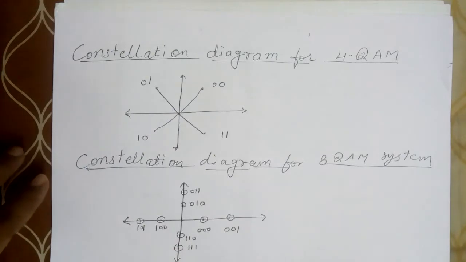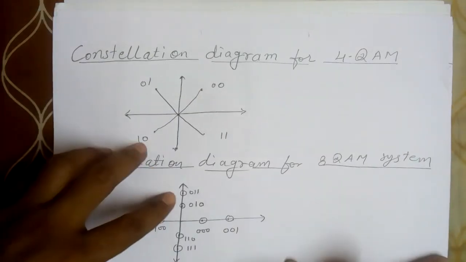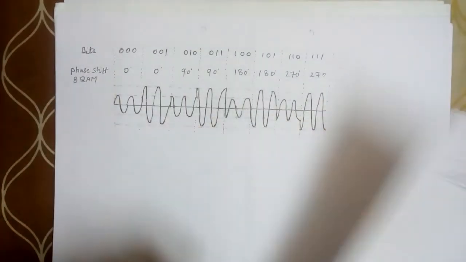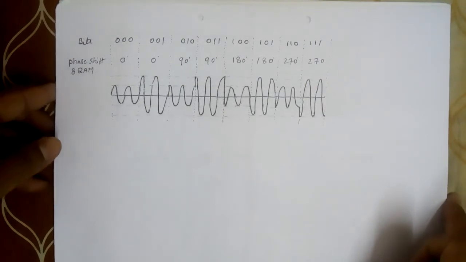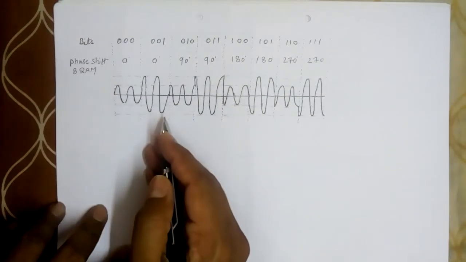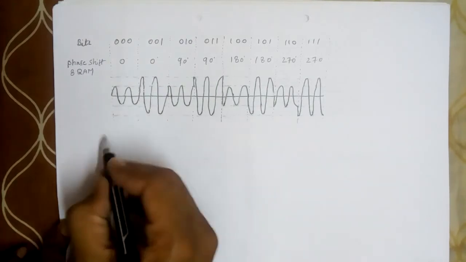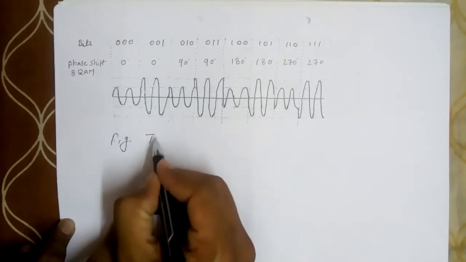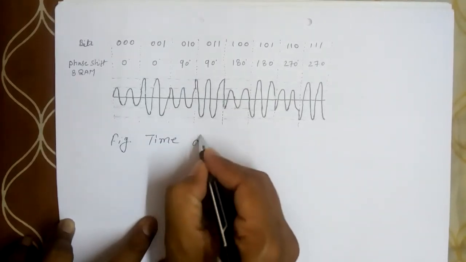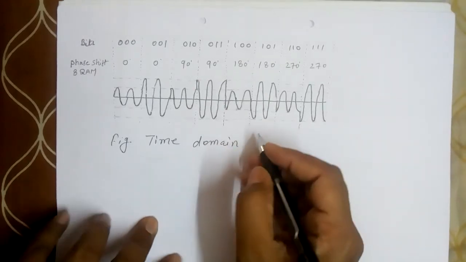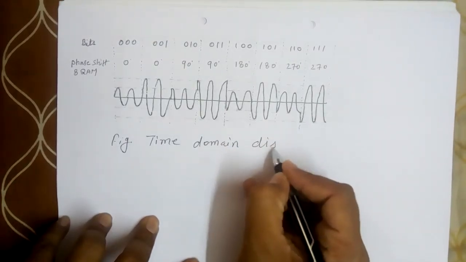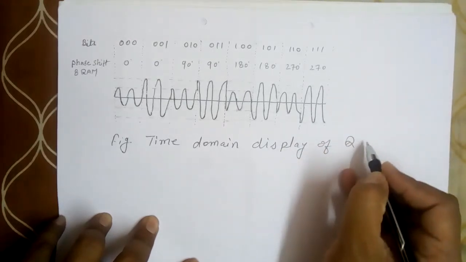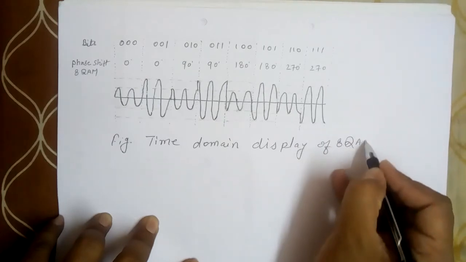Now we can understand it using waveform. So this is the time domain display of 8QAM system.